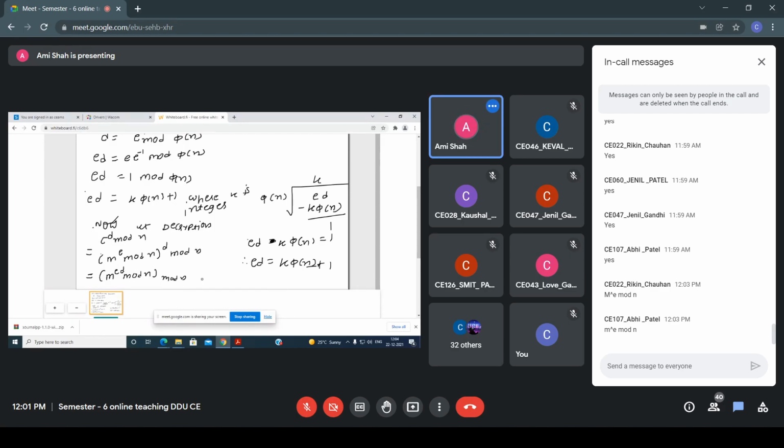That's why I am doing all this calculation. So instead of ED, I can write m raised to k phi n plus 1 mod n, right? And the answer is m. Now again the question in your mind is how I am getting this m. See, I repeat this so you can understand.